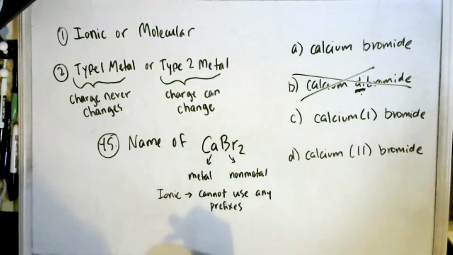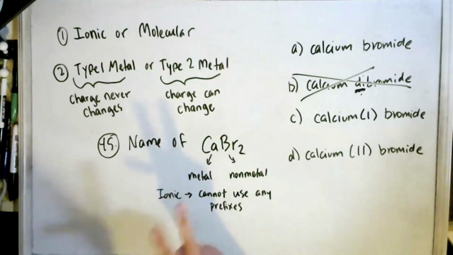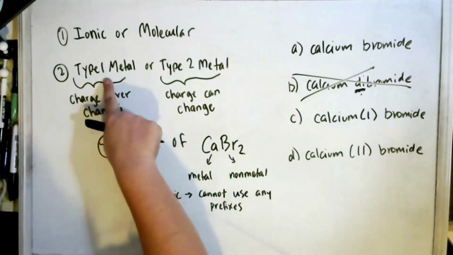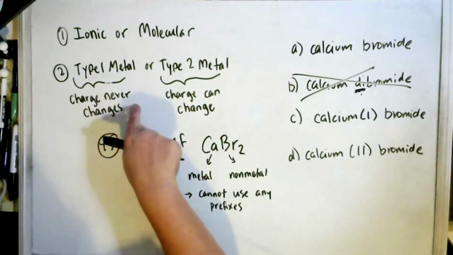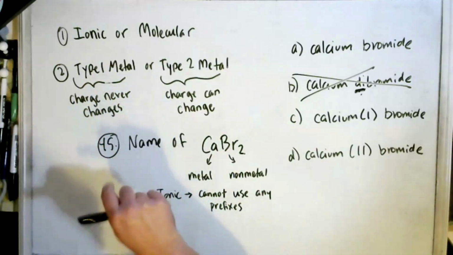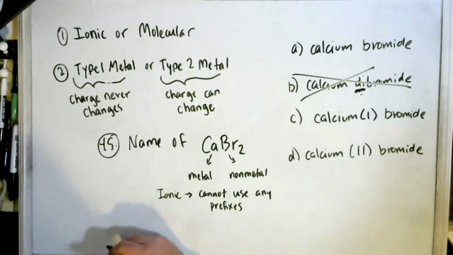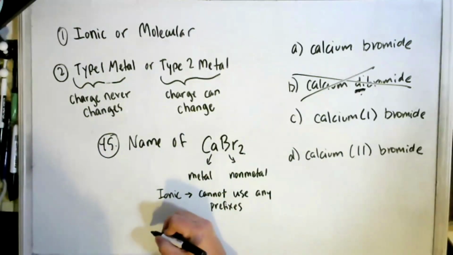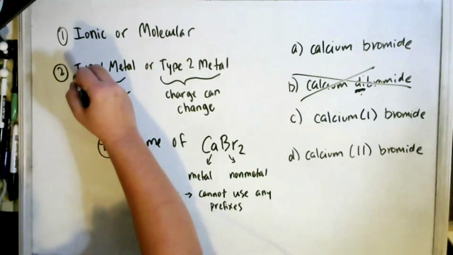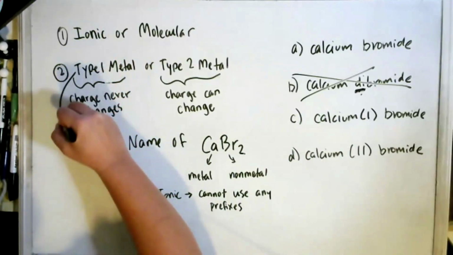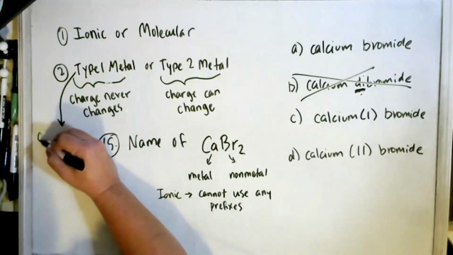Now you go to your next question. Is calcium a type 1 metal or a type 2 metal? Calcium is in column 2. Every single metal in column 1 and column 2 is a type 1 metal. Their charge never changes. Calcium's charge is always +2. And once you know that it's a type 1 metal, make a little arrow here.